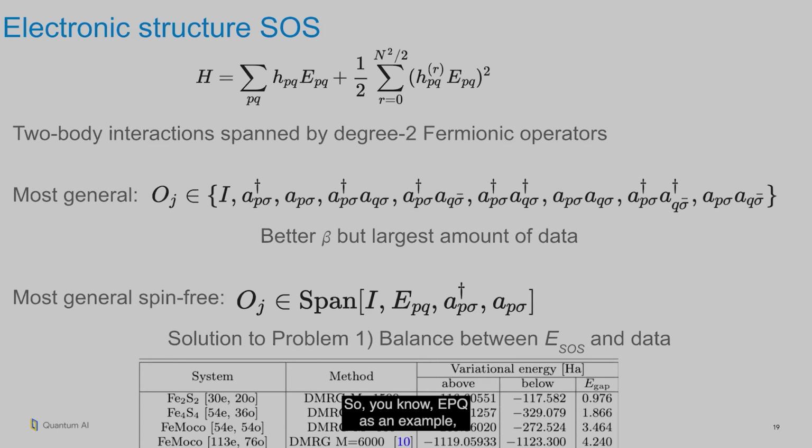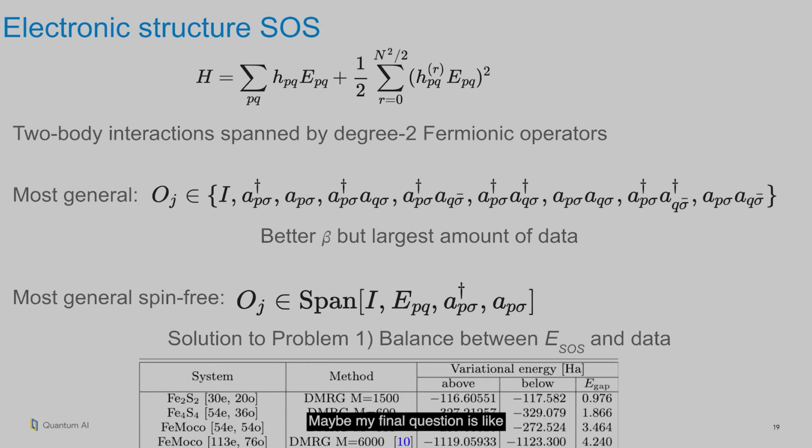E_PQ is an example. Instead of a linear combination over just a_P sigma, a_Q sigma, E_PQ is a composite object that combines spin up and spin down together. So you can group things together, and maybe this grouping could give you a solution that has better lambda and maybe fewer terms. Like by grouping spin up and spin down into E_PQ, I halve the number of terms I need to represent the problem.